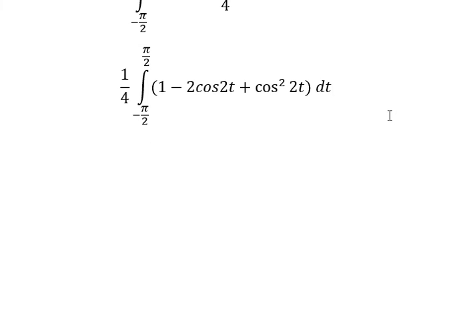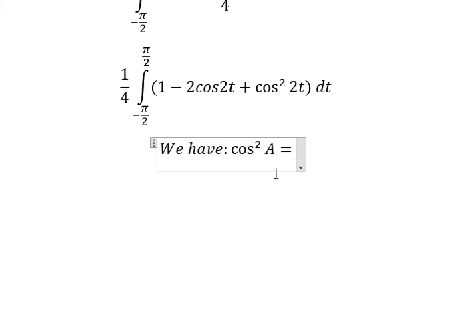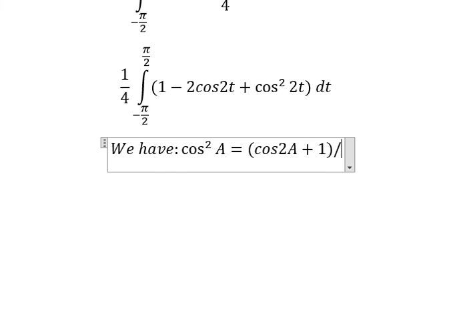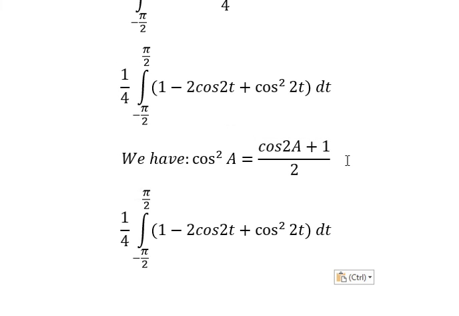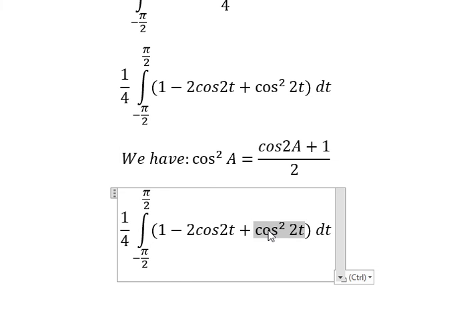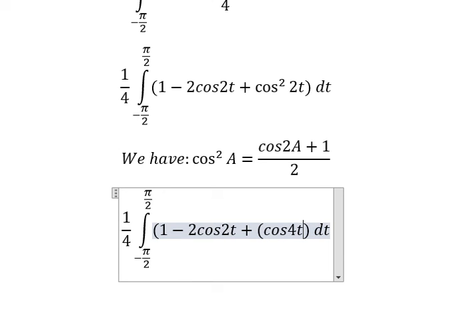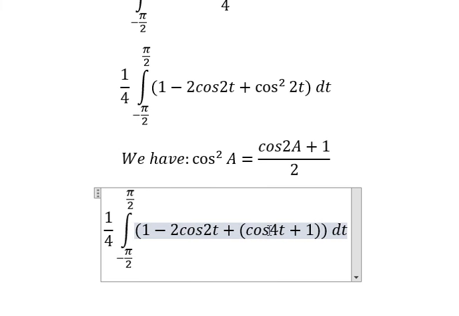Next, we have cosine a squared equals cosine 2a plus 1 over 2. So this one we change for cosine 4t plus 1 over 2.